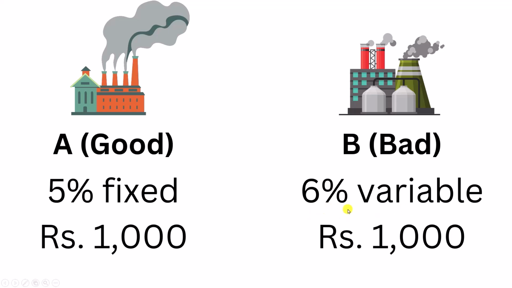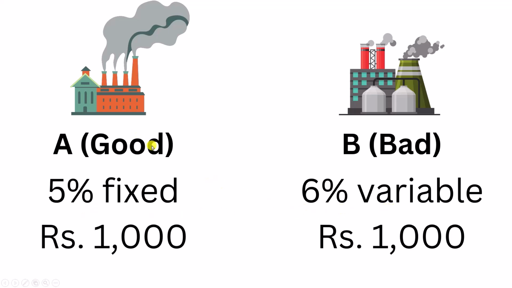And this company also takes a loan of 1000 rupees. So both companies take a 1000 rupees loan, and this company should pay 5% fixed interest rate and this company should pay 6% variable interest rate.